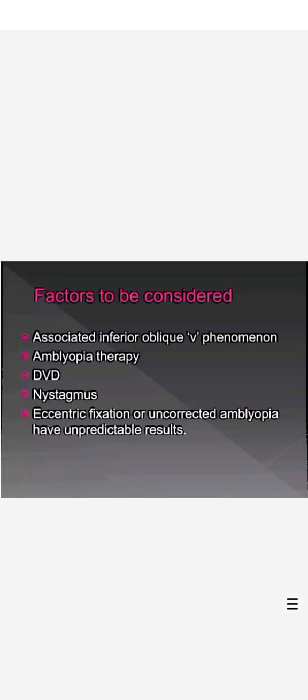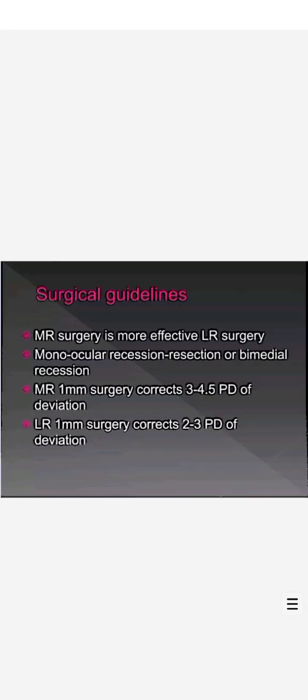For small angle ET, proper hyperopic correction is given till 6 months, until examination can be done satisfactorily. Factors to be considered: associated inferior oblique overaction, V phenomena, amblyopia therapy, DVD, nystagmus, and eccentric fixation or uncorrected amblyopia, which give unpredictable results. Surgical guidelines: medial rectus surgery is more effective than lateral rectus surgery.